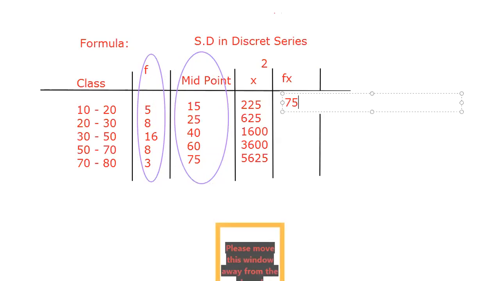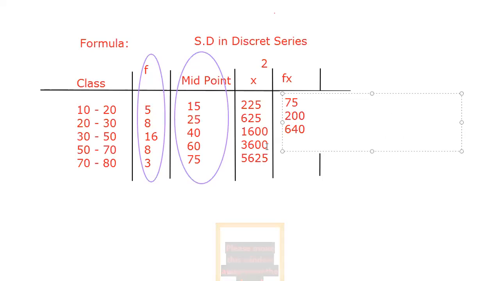Then 8 into 25. So 4 into 25, that is 100. Then 8 into 25, that is 200. Then 16 into 40, that is 640. Then 8 into 60.